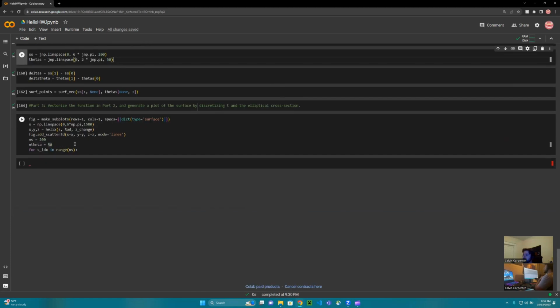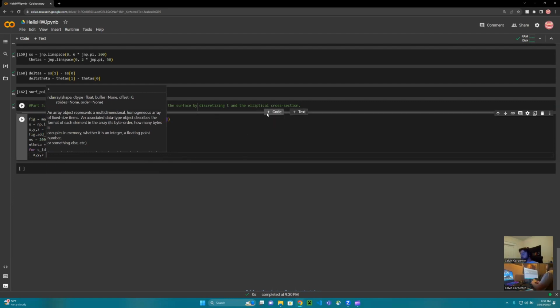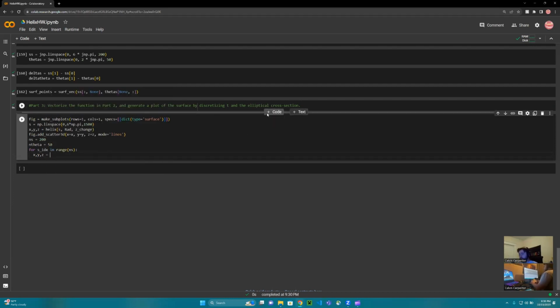So I just restated these down here. We're going to set our X, our Y, and our Z for this for loop equal to our surf points function in terms of S IDX, and leave the other two open.